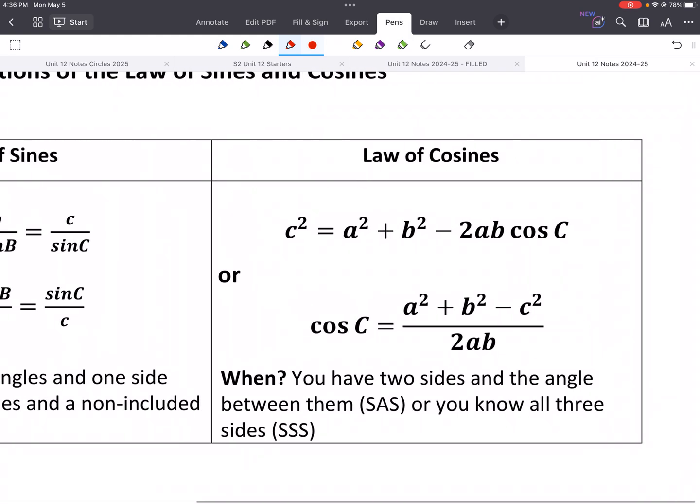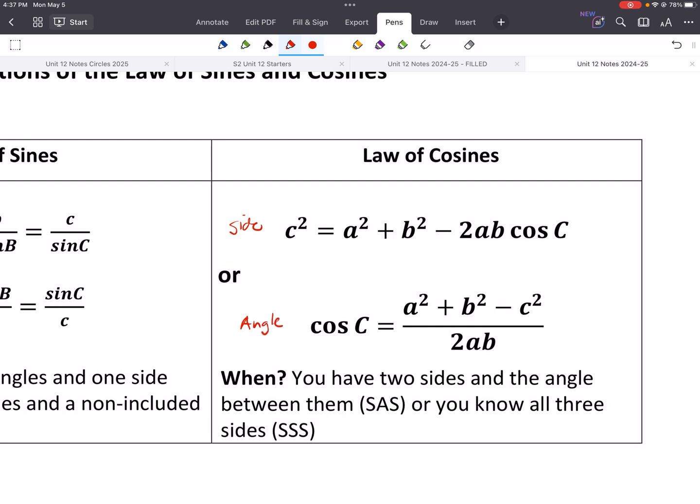Next, we have the law of cosines. Again, this works really well if you have side angle side. These two equations are the same, just one is solved for the side c. So if you're trying to find side c, then we're good. If we want to find angle C, then we'd want to use this equation, okay?